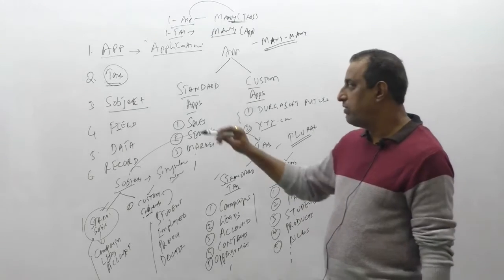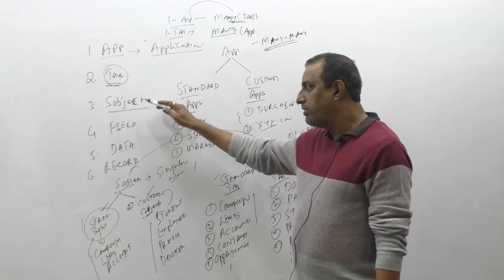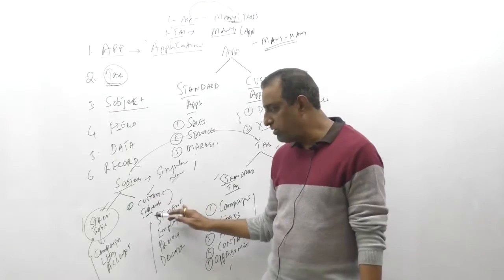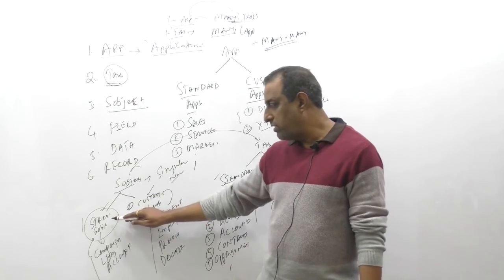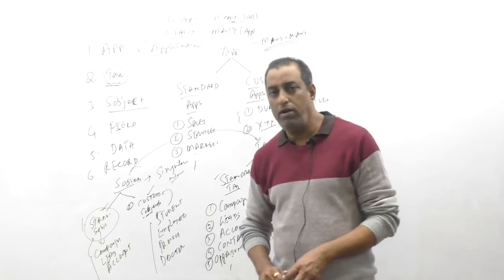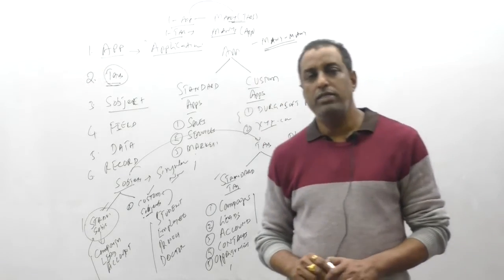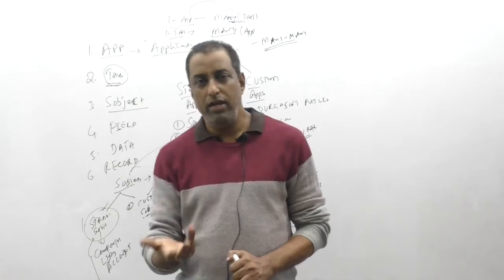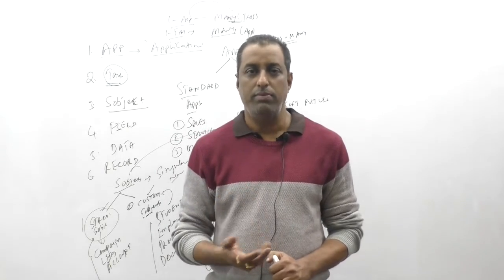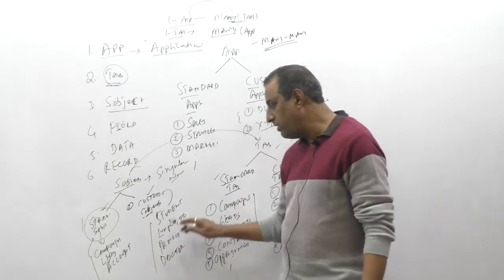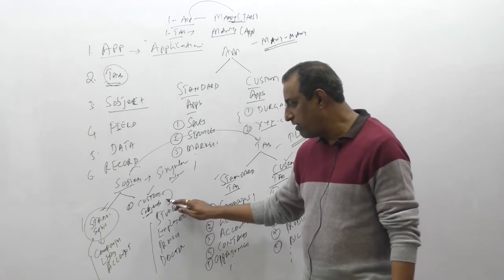So once again I am repeating guys, listen carefully. SObject stands for Salesforce object. In Salesforce, SObjects are of two types, that is standard SObject and custom SObject. Standard SObjects like what? Which is created or given by Salesforce, that can be called as standard SObject, and custom SObject means which is created by developer, that can be called as custom SObject. Okay, so these are the examples of standard SObjects and these are the examples of what?